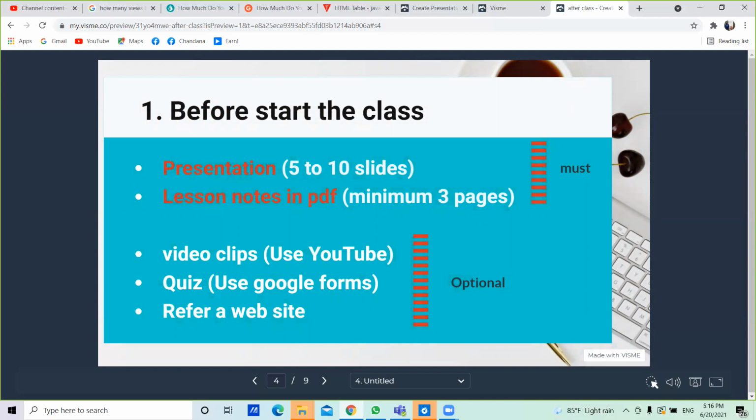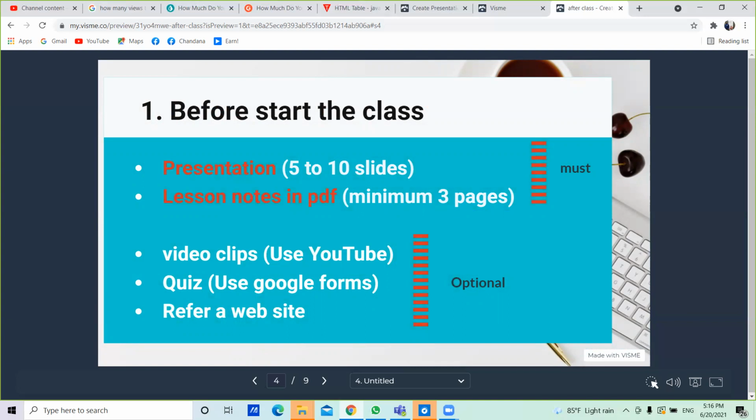Before starting the classroom, you can deliver a presentation to the students, or you can deliver lesson notes, right? Prepare a presentation regarding your lesson and put it into their common group. After starting the teaching practice period, you will get the WhatsApp groups of your students. Then you can use this group to share your activities.